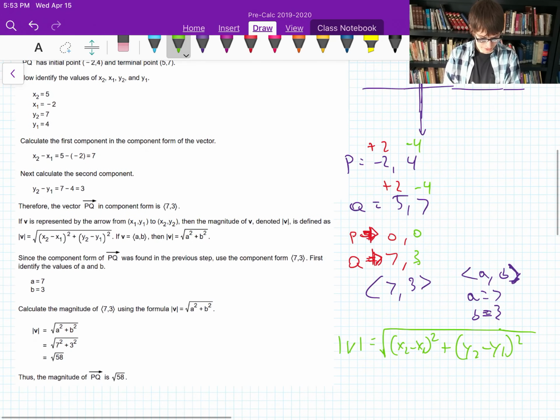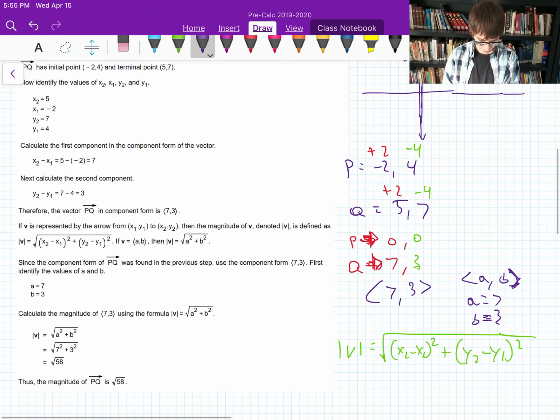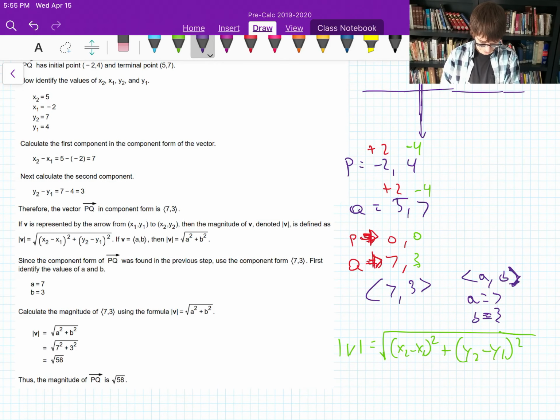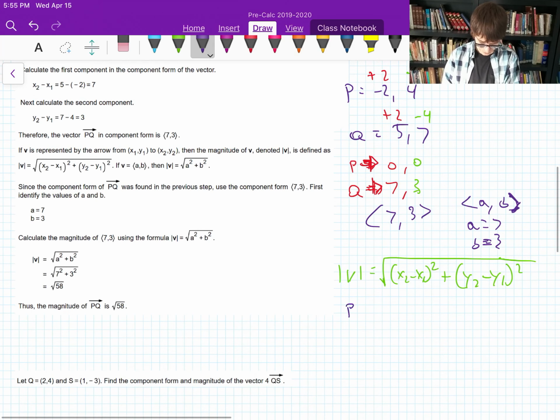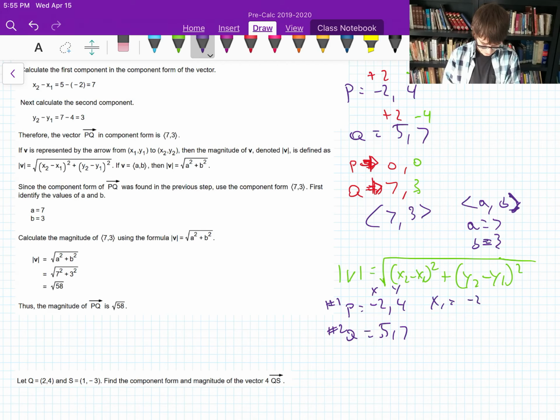And let's see, we have P and Q. So I'm going to go ahead and label some values. Let's say P is our point number 1, so P equals -2, 4, Q equals 5, 7. Q is number 2. Let's say this is x and this is y. So x1 equals -2, x2 equals 5, y1 equals 4, y2 equals 7.